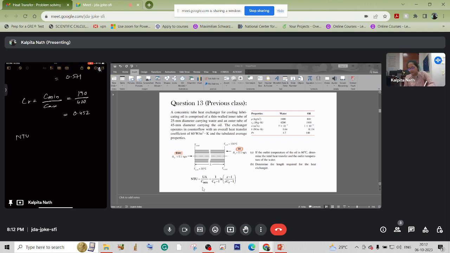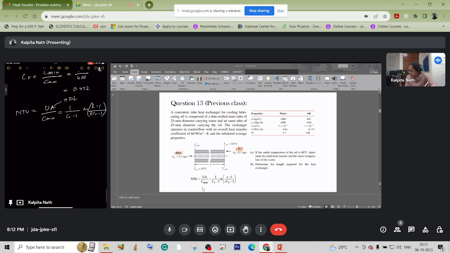Now NTU is equal to UA upon C minimum, right? This is NTU and A is pi d L. So by the NTU method, it is given as 1 upon CR minus 1 ln of epsilon minus 1 upon epsilon CR minus 1, right?